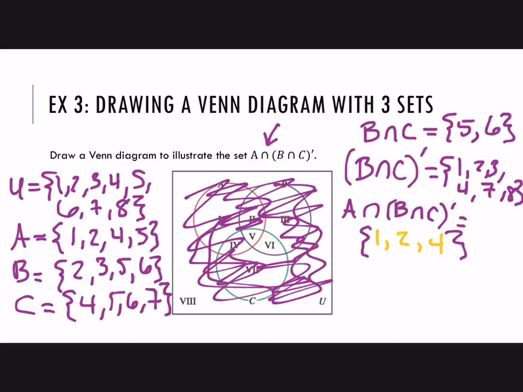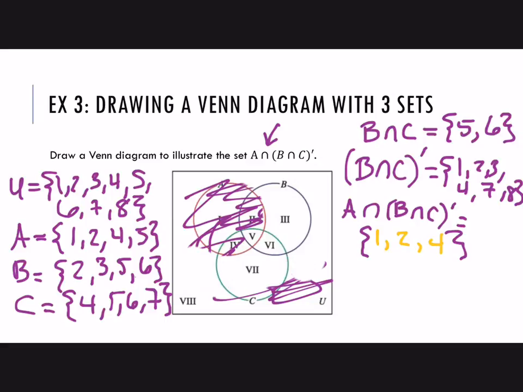Now visually what I'm doing is just looking at what's shaded and seeing what of that overlaps with A. Right, so not any of this stuff. Right, just these regions overlap with A. And sure enough, that's regions 1, 2, and 4. Okay, so that would be my final answer, to have those 3 regions shaded.